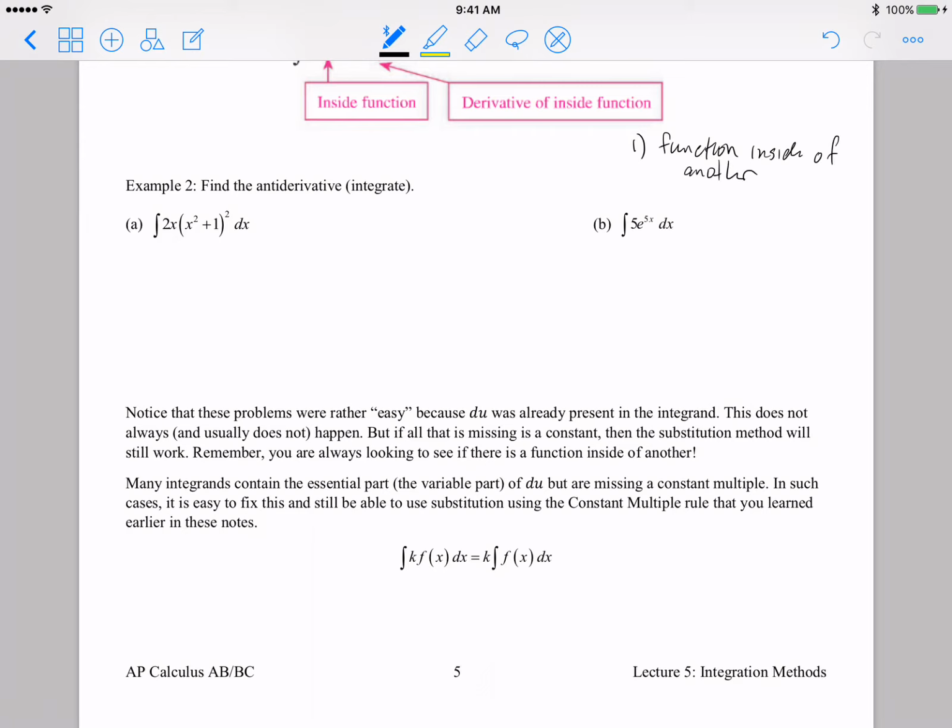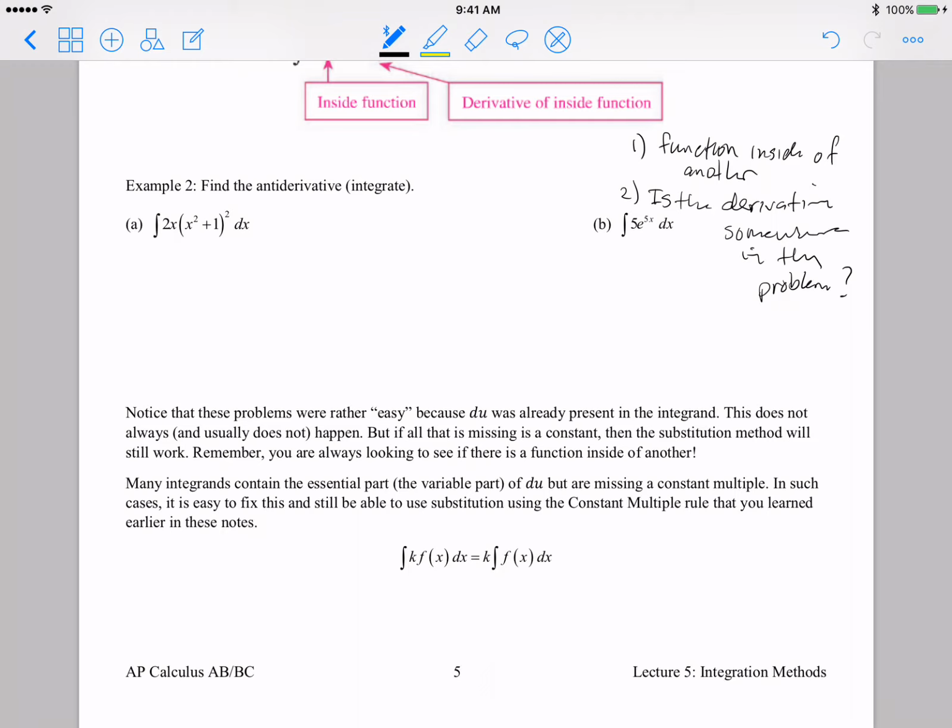The second thing that I'm looking for is the derivative of my choice somewhere in the problem? Is the derivative somewhere in the problem? If it's not, it's not a good choice of u, and I need to try something else. If it is in the problem, I've chosen the correct u, and I can proceed with the u substitution.